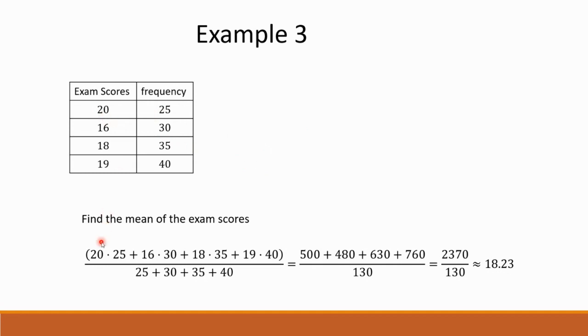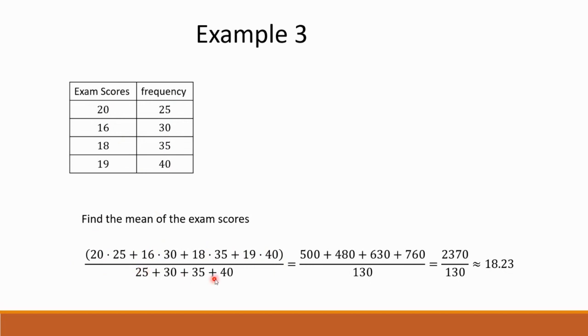So to get the mean, we have 20 times 25 plus 16 times 30, plus 18 times 35, 19 times 40. That's the sum of the data values. And then, to get the total number of data values, you add the frequencies.